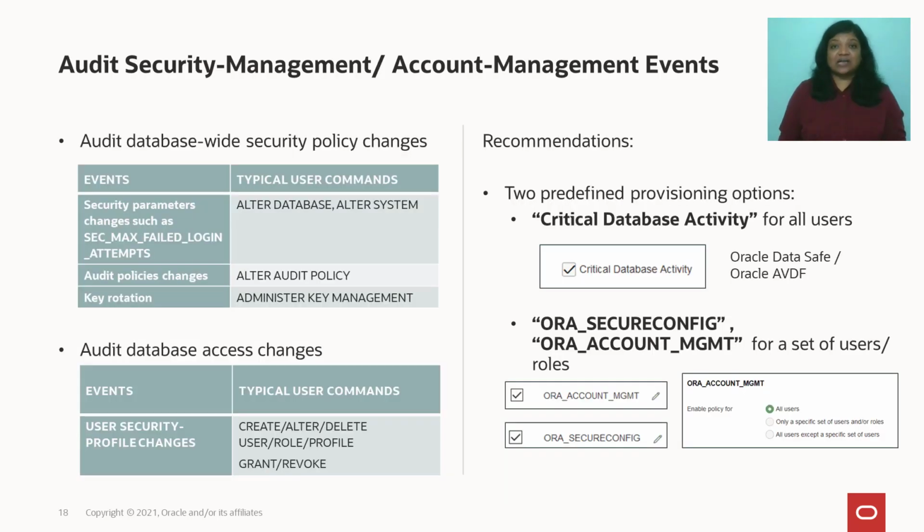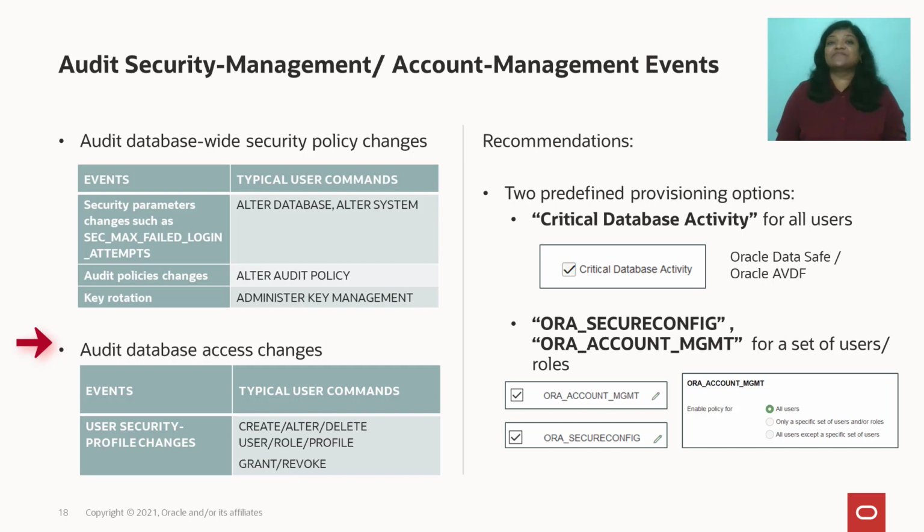For security and account management events, we must audit any changes to the database-wide security policies, such as security parameters or audit policies. Account management events are those related to users, roles, privilege grants, revokes, and so on. These events need to be closely audited because you're altering access to the database.